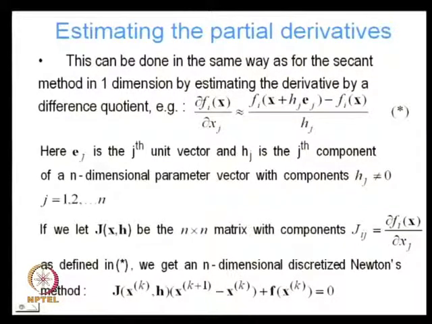Ej is nothing but the unit vector in the jth direction. If you think of 3D, if we are looking at f3, it is x plus h3 times e3. e3 has got 0 in the first two terms, the last one is 1. So, it is an increment in the third component of my vector.